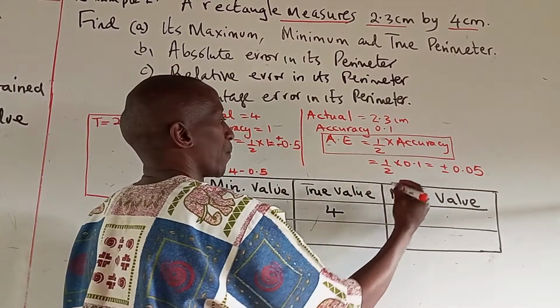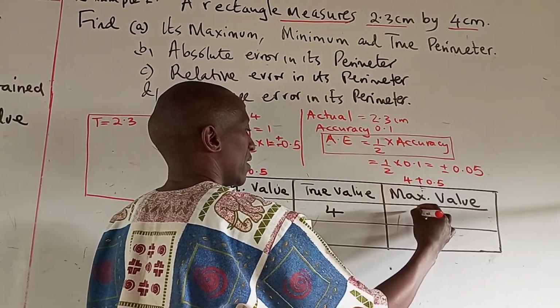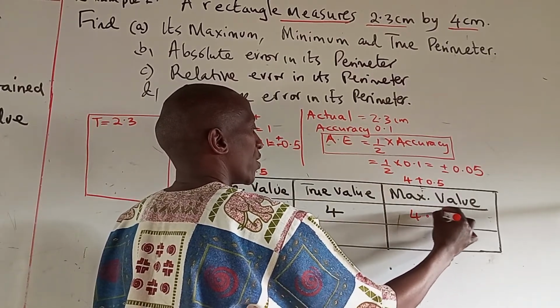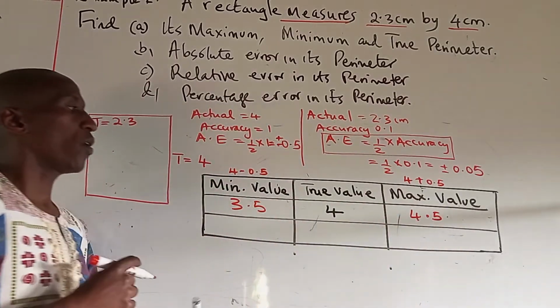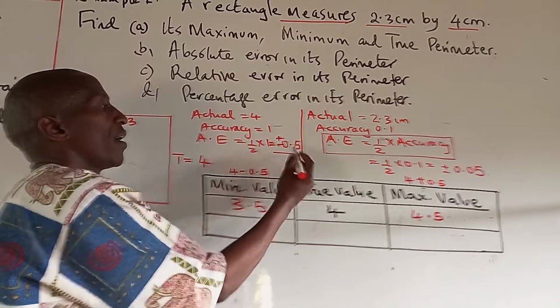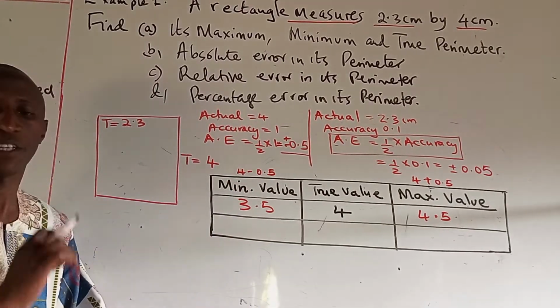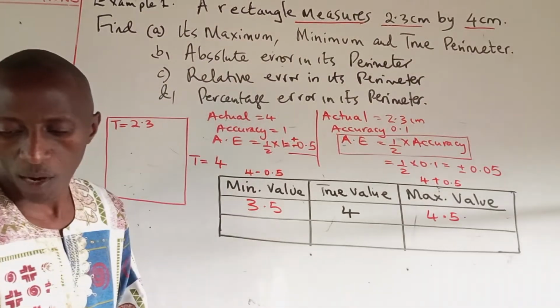For the maximum, it is 4 plus 0.5, and that gives us 4.5. So that is gotten from the absolute error due to this individual measurement. Let's move on to the second one.